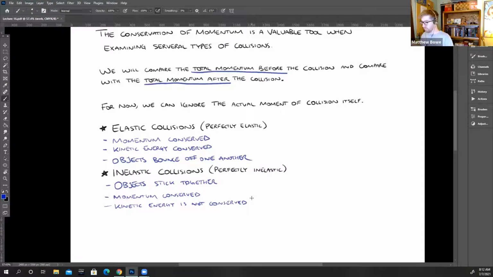Through sound energy and thermal energy, the energy is dissipating. This is what I mean when I say kinetic energy is not conserved.